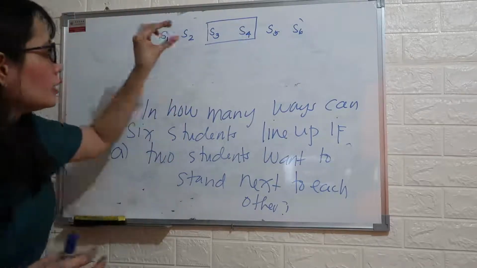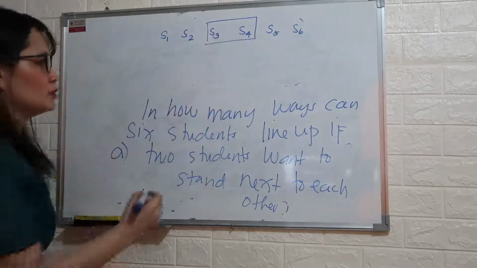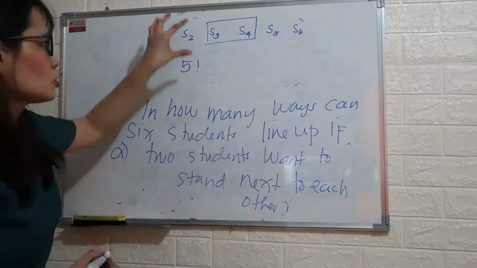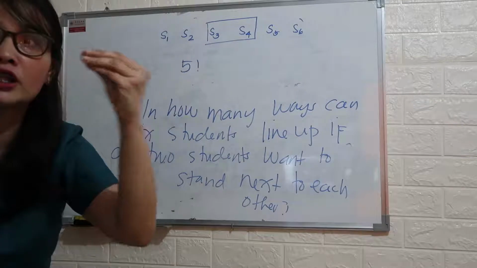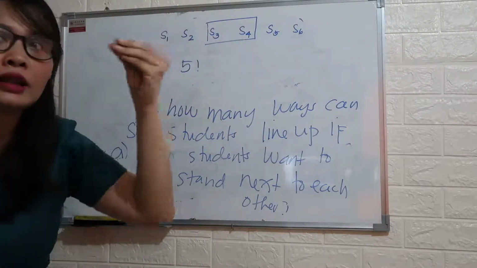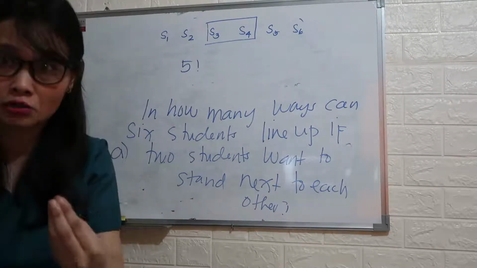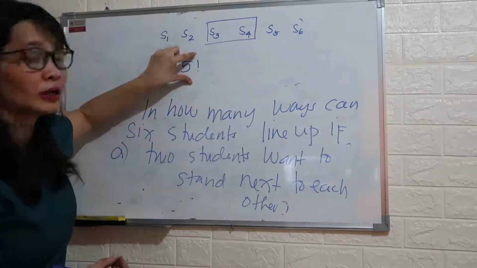So how many do we have? 5. So we have 5 factorial. There are 5 units that you can arrange: student 1, student 2, students 3 and 4 taken as 1, then the fourth and fifth arrangement.